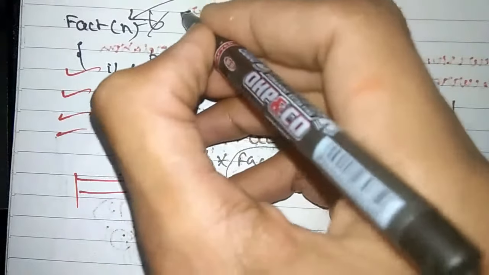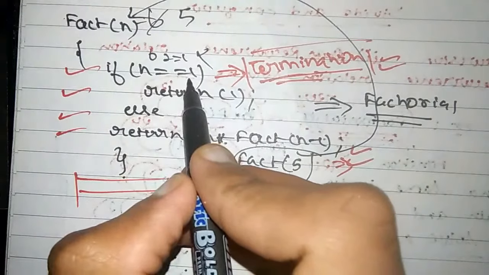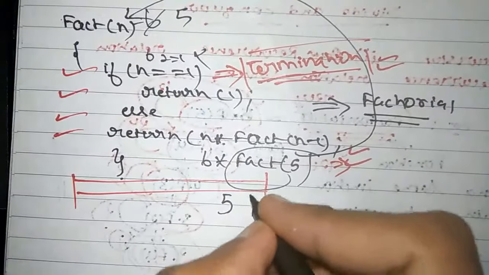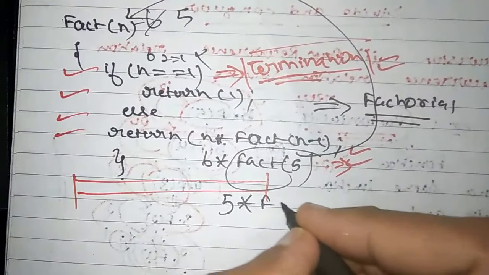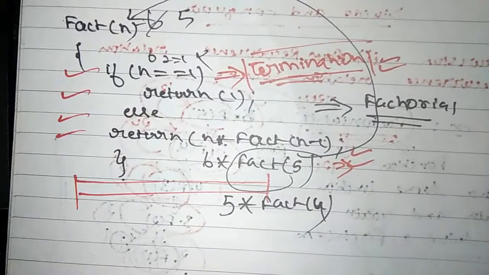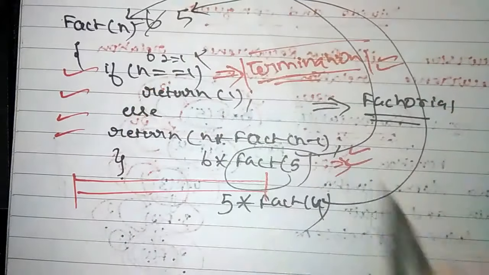Now n is nothing but 5, right? 5 equal to 1? No, condition false. Come to the else part. 5 into factorial of 4, right? This will call this function.